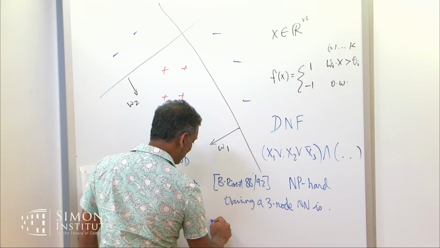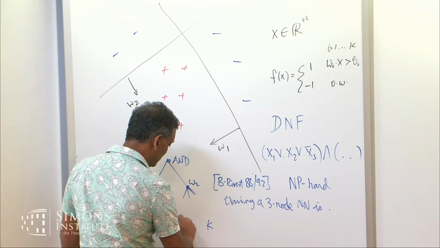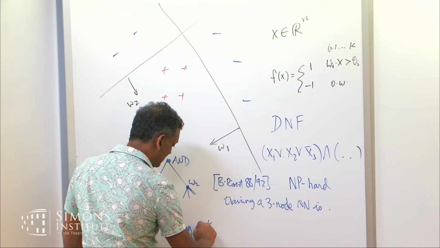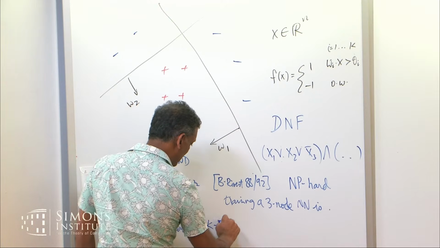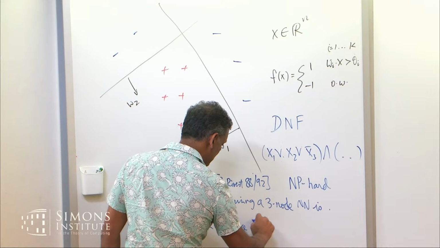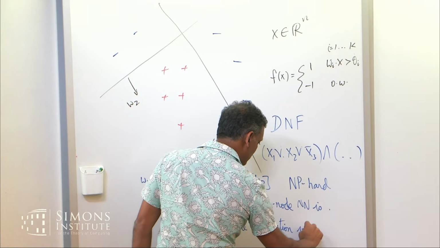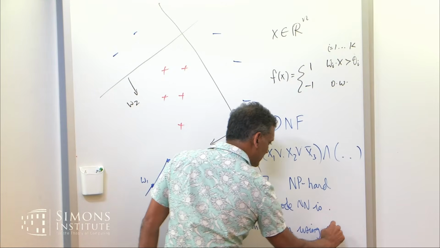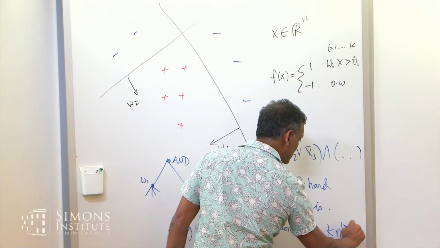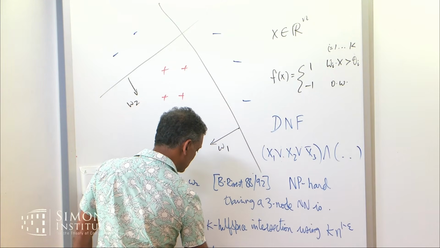Even more so, learning an intersection of k half spaces using k times n to the 1 minus epsilon half spaces is also hard.